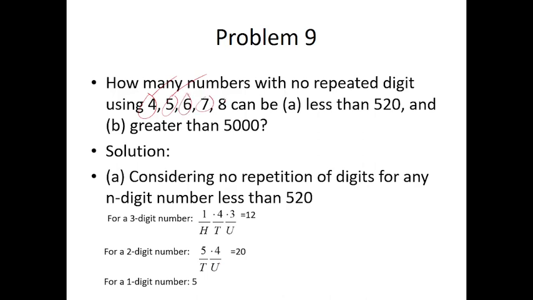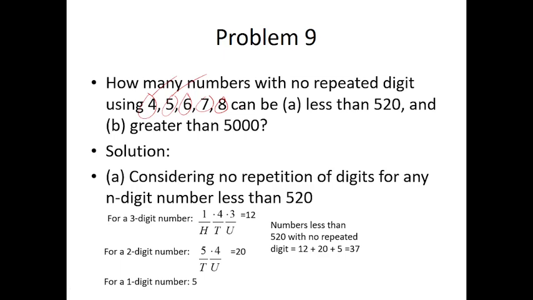So, we have 5. And we will add them all. Numbers less than 520 with no repeated digit, 12 plus 20 plus 5, 37. So there are 37 numbers all in all.